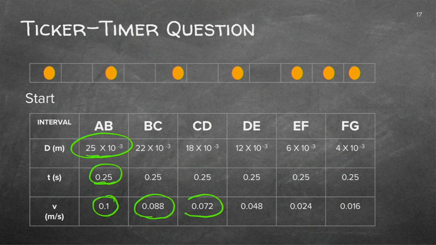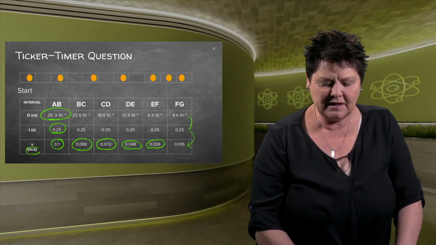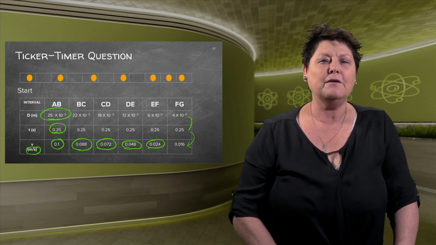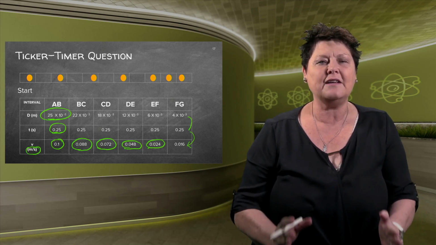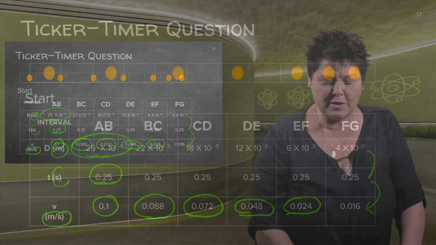Then 0.088. Do you see it's going slower? Always calculate and check your answer. Did you do it accurately? And then finally, see if you did actually add it into the right frame where it has to be. So your unit is meter per second.